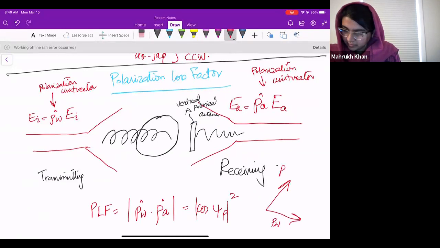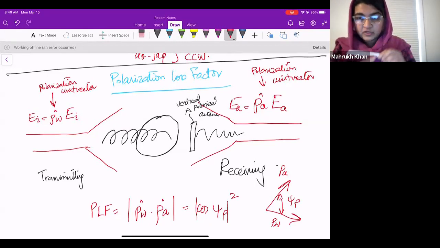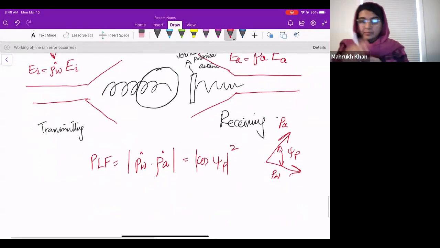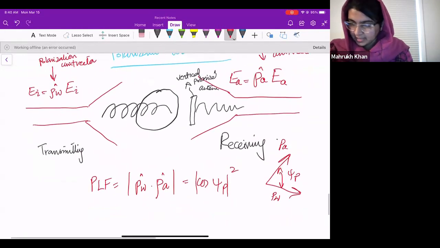If this is rho W and this is rho A, this will be the angle. If they are in the same phase, the polarization loss factor is one, which is the best case scenario. But if they are perpendicular to each other, the antenna cannot receive anything.